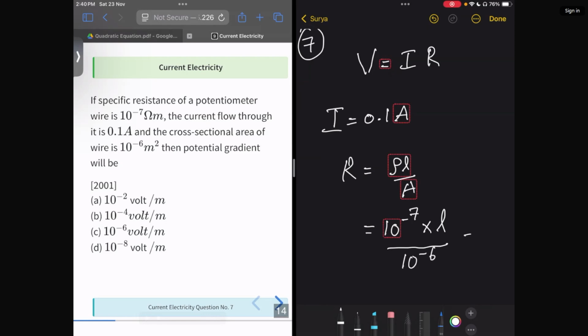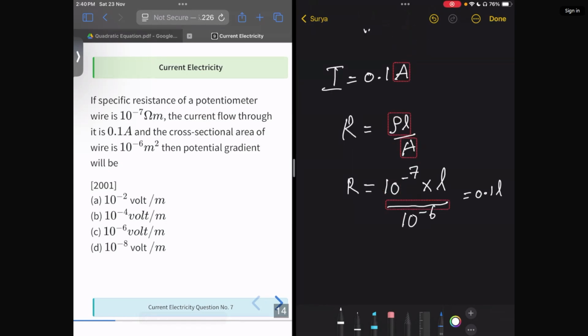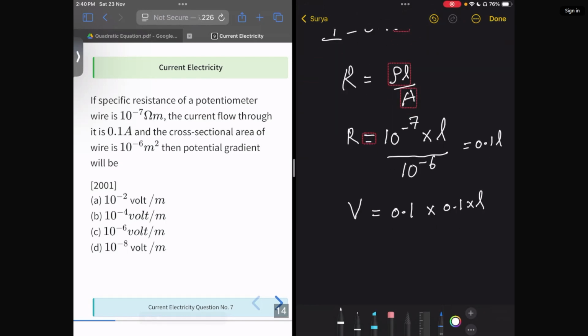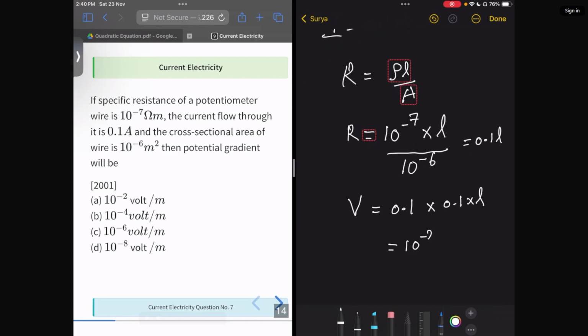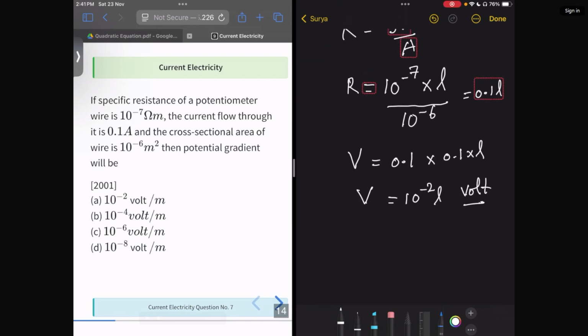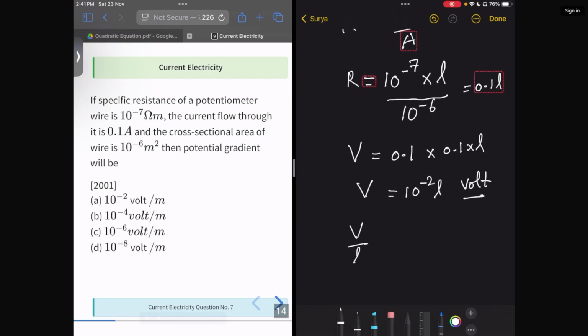So R is 0.1 L. V is equal to 0.1 ampere into 0.1 L, so it will be 10 power minus 2 L volt. We want the potential gradient, which is V by L, so it will be 10 power minus 2 volt per meter. So option A is the right answer.